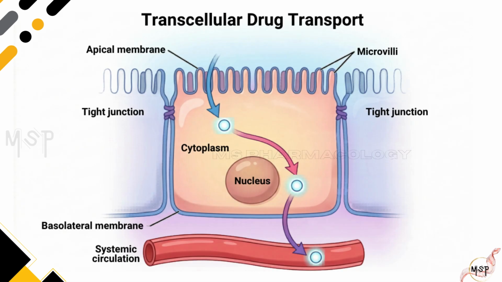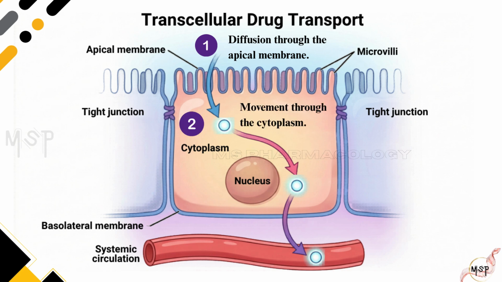Let's walk through it step by step. Step 1. The drug diffuses through the apical membrane, entering the cell from the intestinal lumen or surrounding extracellular space. Step 2. It travels through the cytoplasm, crossing the cell's interior. Step 3. It diffuses across the basolateral membrane and exits toward the blood.